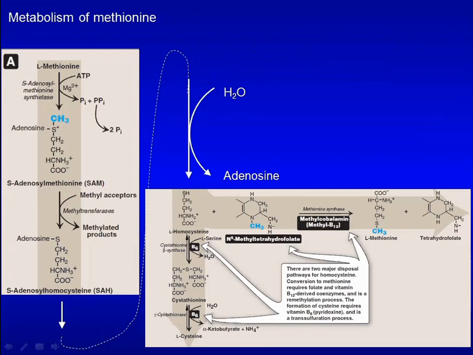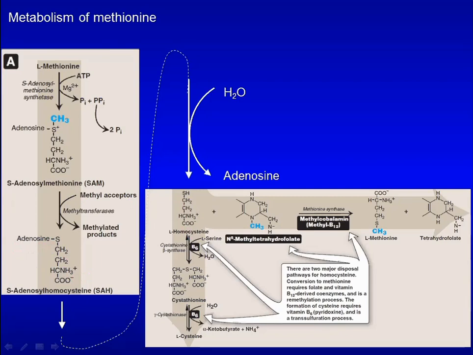After the methyl group is transferred to a methyl acceptor, SAM is converted to S-adenosyl homocysteine. After adenosine is removed, this compound is converted to homocysteine.